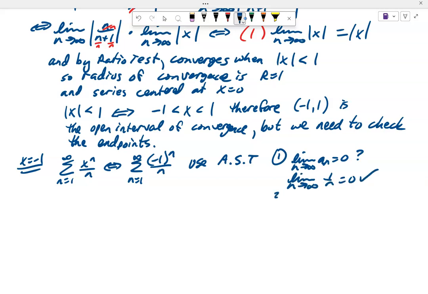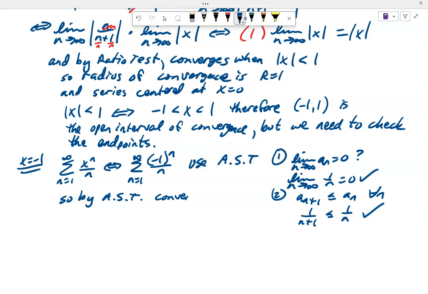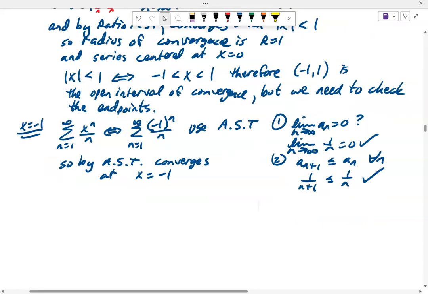Yes, it does. It satisfies the first condition of the alternating series test. And does this also work for all n? Does 1 over n plus 1 less than or equal to 1 over n? Yes, that's also true. So, by the alternating series test, this converges when x is -1. Okay, so we're going to include -1 in our interval of convergence.